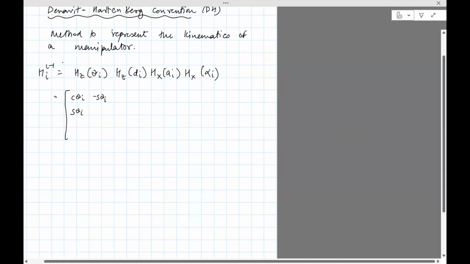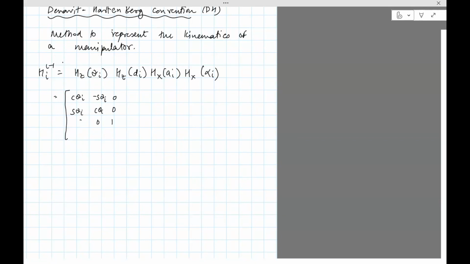S theta i, C theta i, and 0, 0, 1. So that's one. Second one is the identity, and then we'll have 0, 0, di, 1.